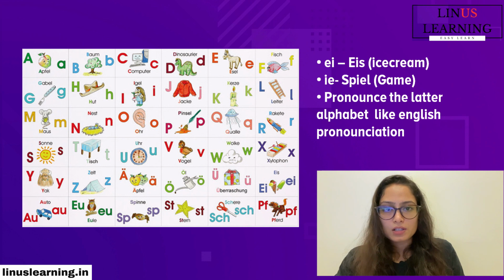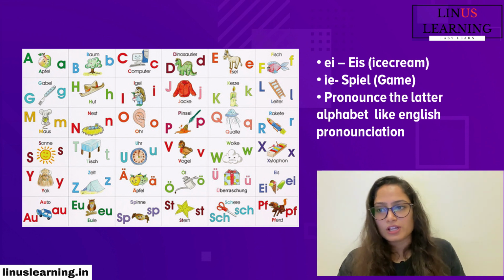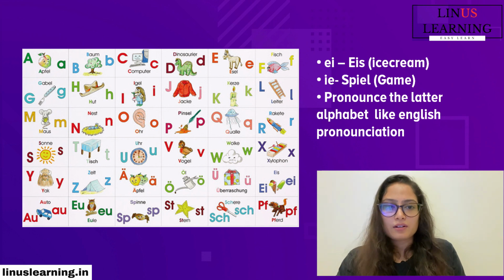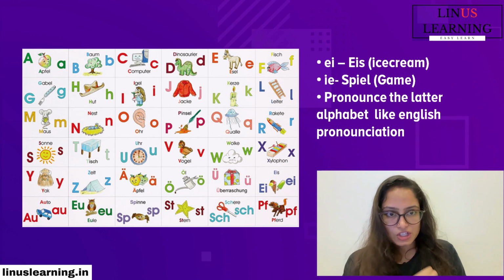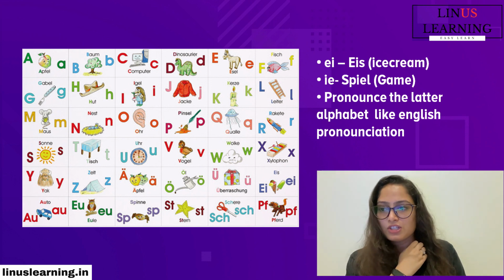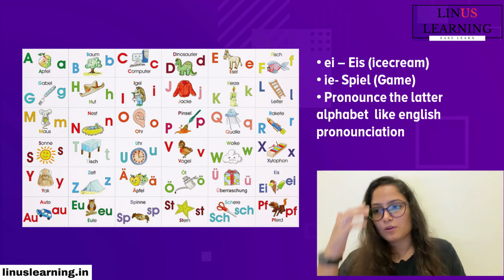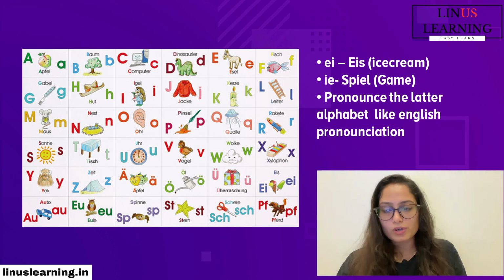Q wie Qualle, Qualle, jellyfish, okay? R wie Rakete, Rakete is a rocket, okay? S wie Sonne. T wie Tisch, Tisch is the table, okay? U wie Uhr. Then V wie Vogel, Vogel is a bird, okay?